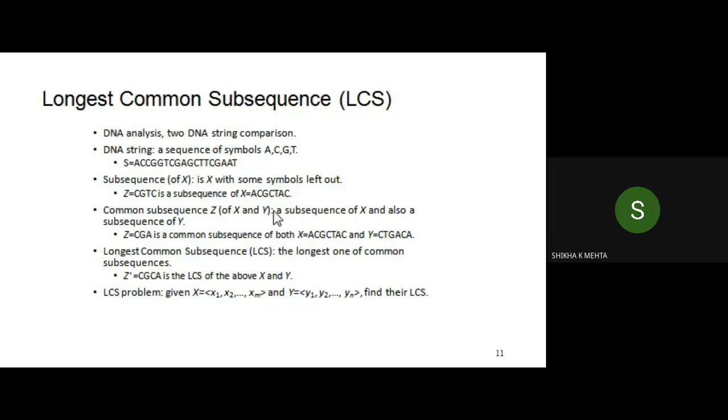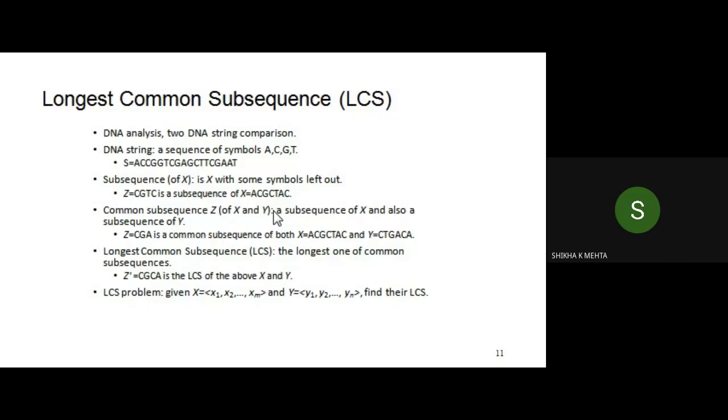When we are looking for a subsequence, we are looking for the first character A, then we may be missing certain characters, and there is a character C. Then C is followed by G at some point in the sequence, and then G is also followed by T at some point in the sequence. So that means we are talking about a sequence. Sequence doesn't mean that all these characters exist consecutive to each other, but they are one after another only, and that we are calling a subsequence.